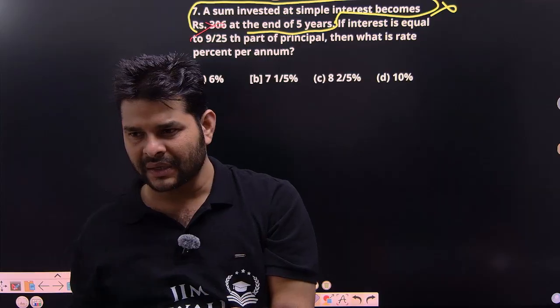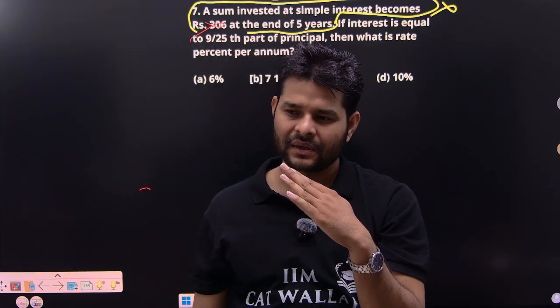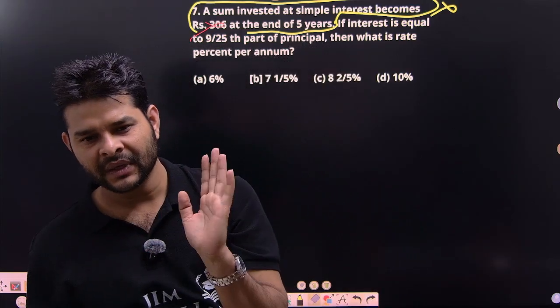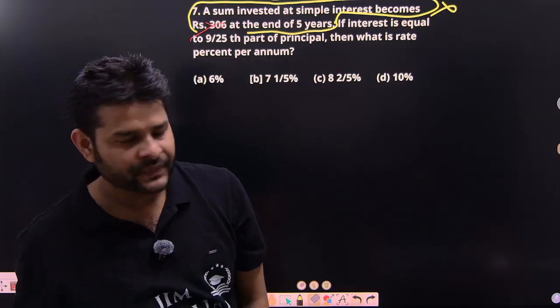Any principal, just after getting the simple interest for the 5 years, that amount becomes 306.